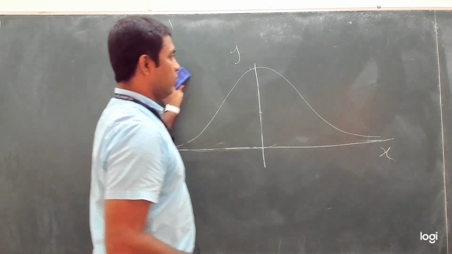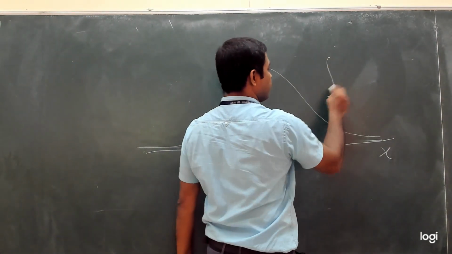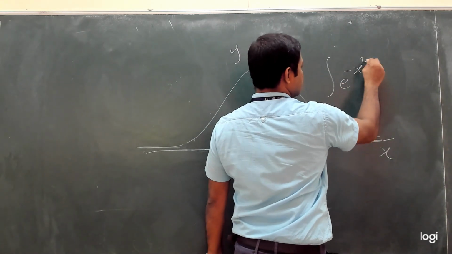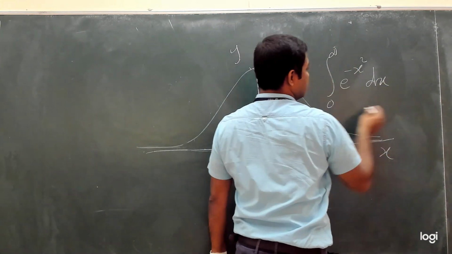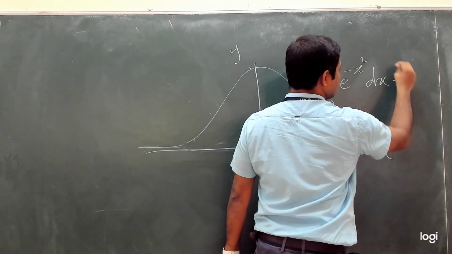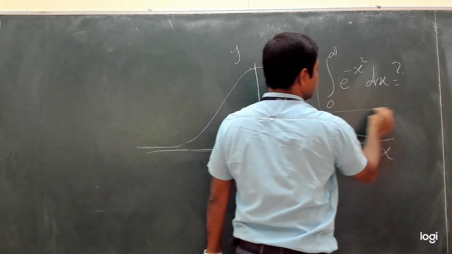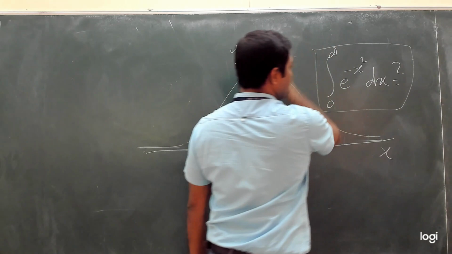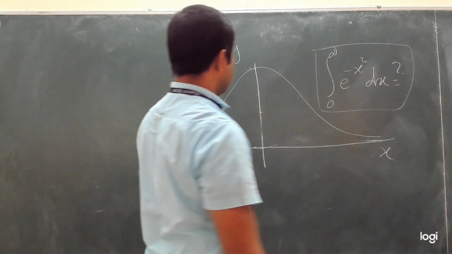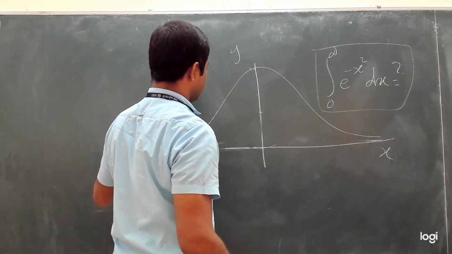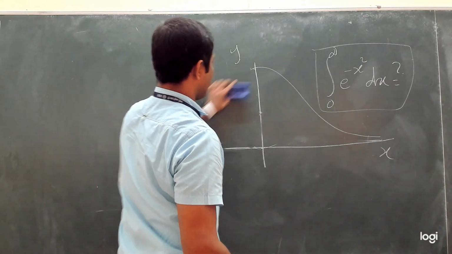You have done a lot of integrations, so find out the integral from 0 to infinity of e power minus x square dx. So the Gaussian function, the e power minus x square normal function, is clear now.